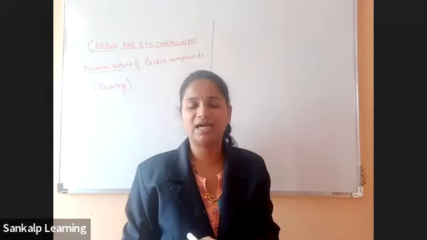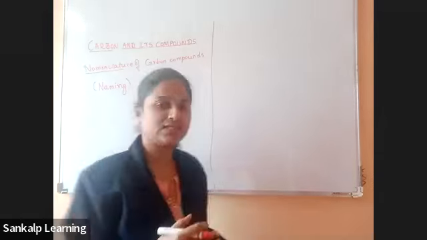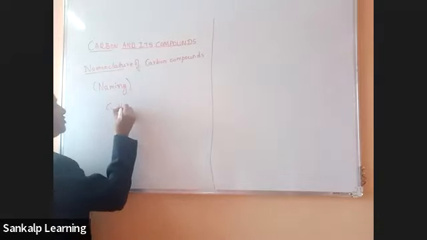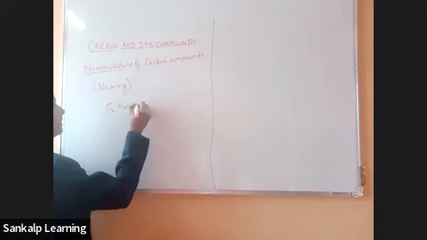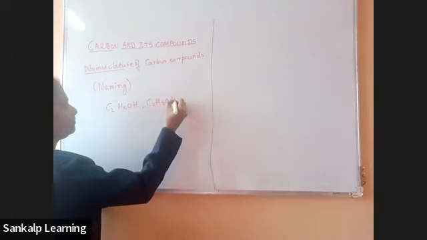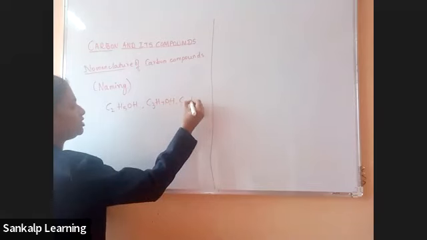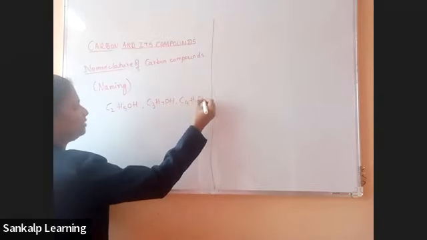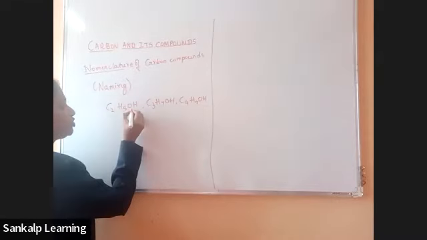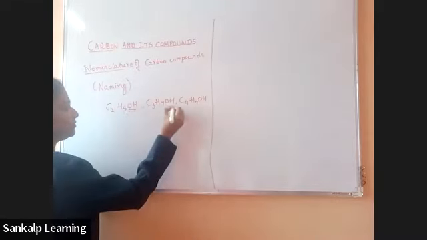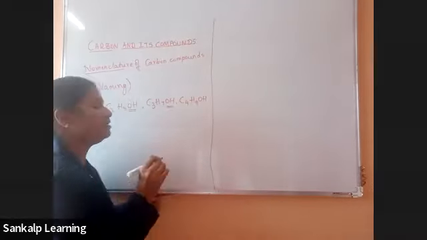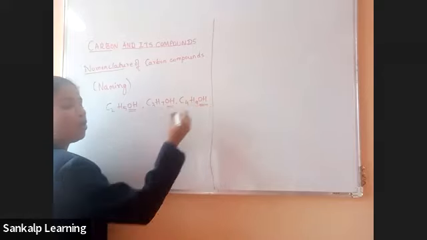Before that, as I discussed earlier regarding examples like C2H5OH, C3H7OH, C4H9OH, in all of these we can find one functional group, that is OH. Here, one hydrogen is replaced by the alcohol group.